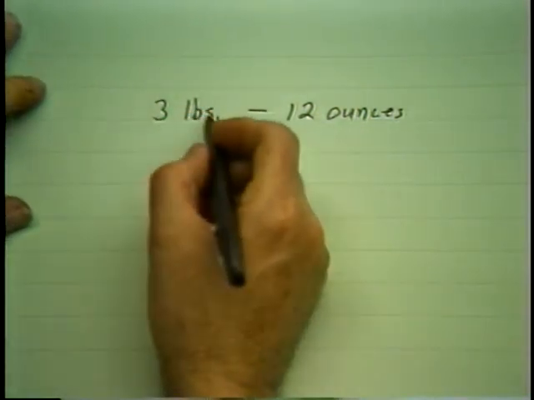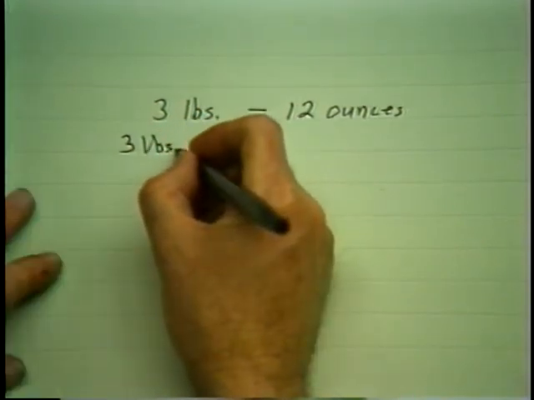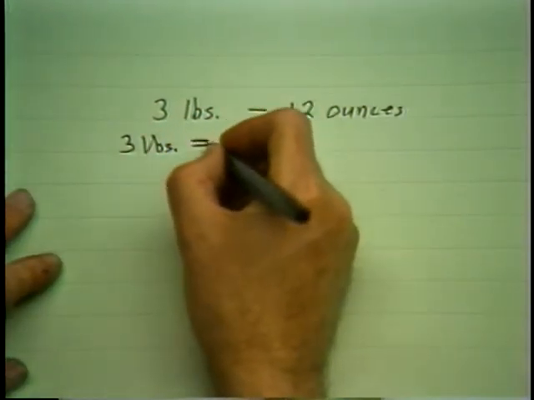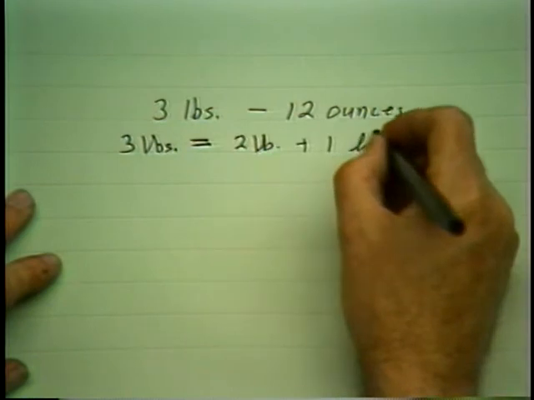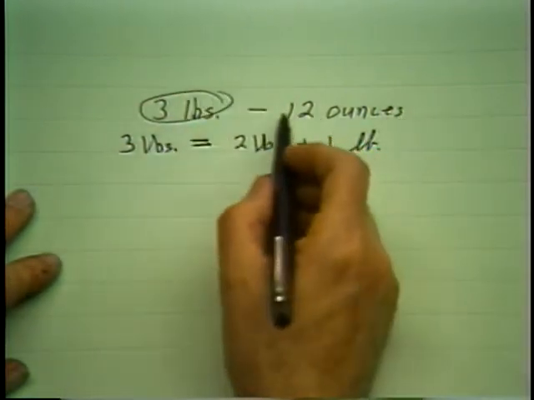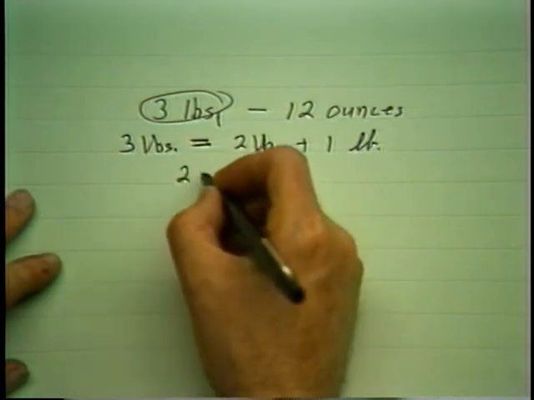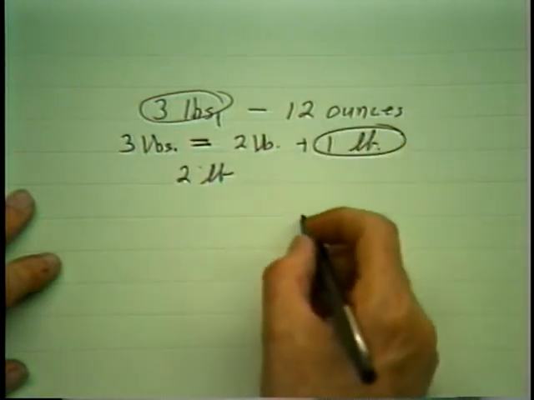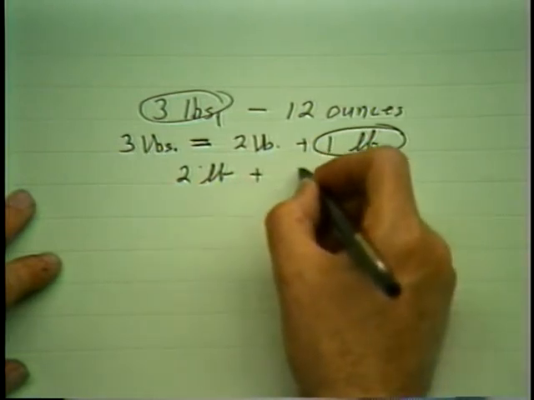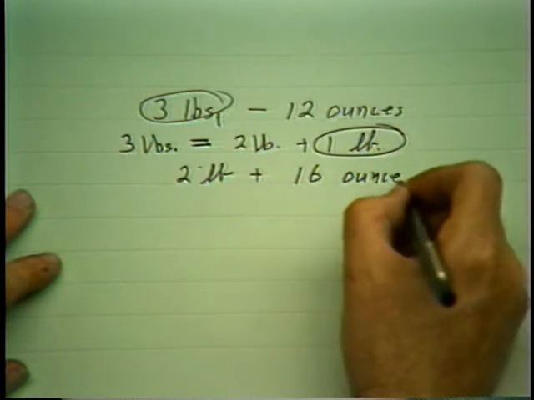I'm going to borrow 1 from the 3 pounds, which would give me 2 pounds plus 1 pound. So I'm not playing with this yet, just this. But the 2 pounds I'll leave alone and convert 1 pound to 16 ounces.